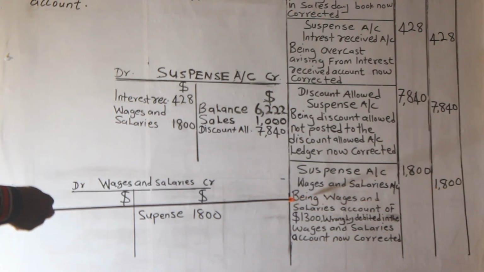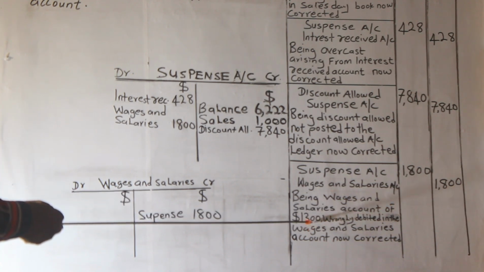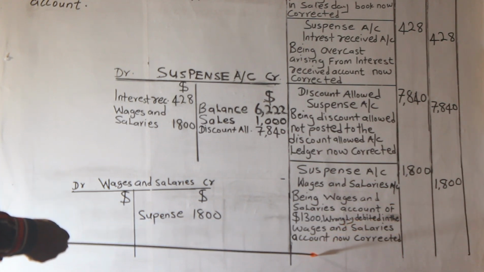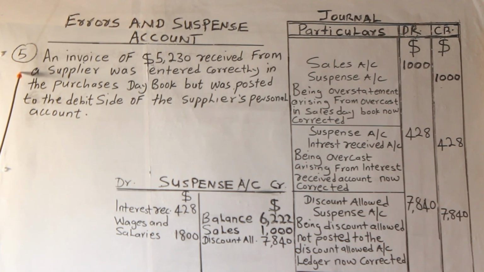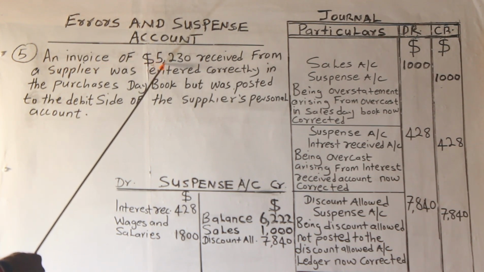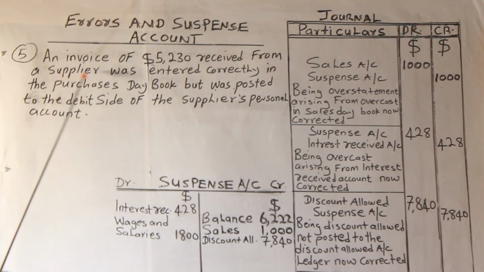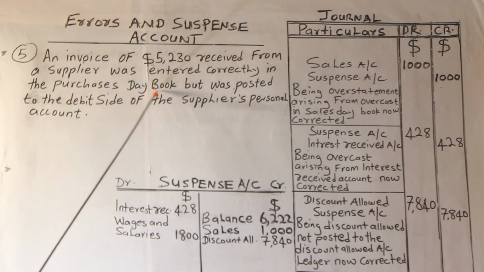Then our narration is, being wages and salaries payment of $1,300 wrongly debited in the wages and salaries account now corrected.